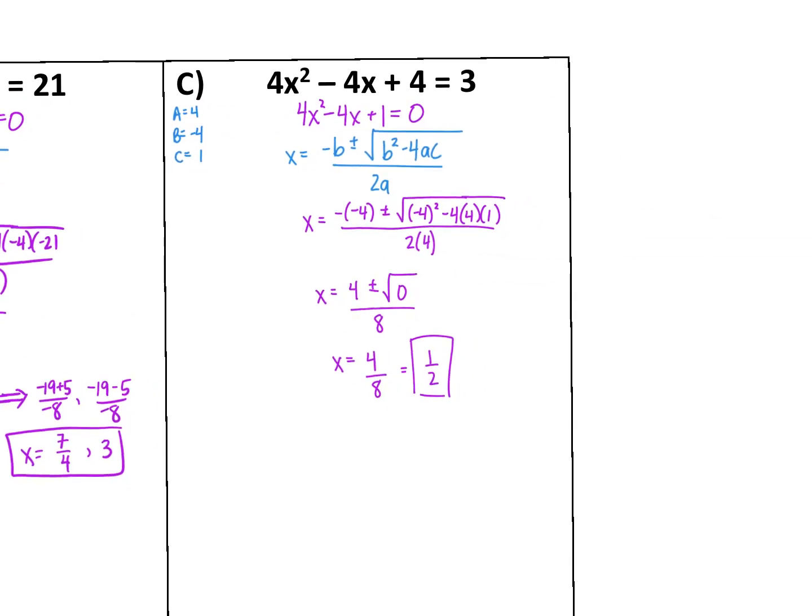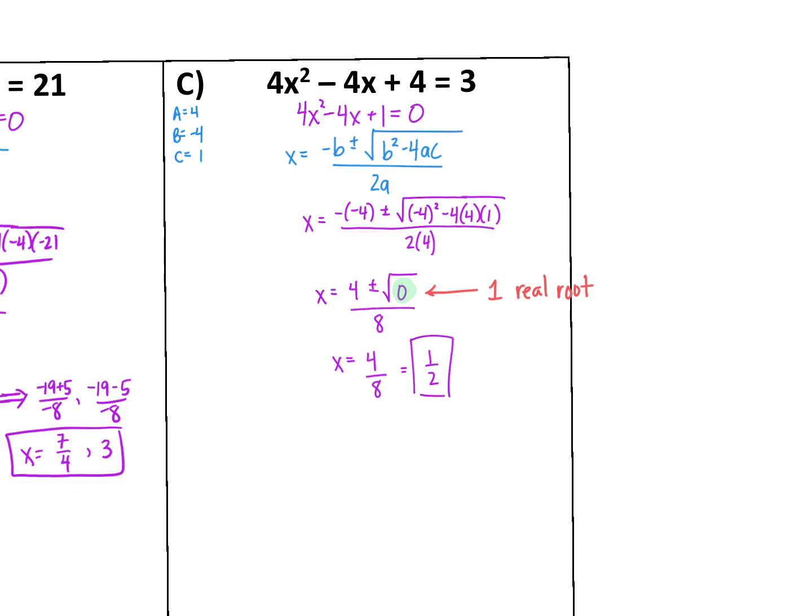Okay, last one here. This one is a little bit special because notice you get the square root of 0. We haven't done one of those yet. When you get the square root of 0, that means you're only going to get one real root. We only ended up with 4 over 8 because the square root of 0 is 0, so you get 1/2.